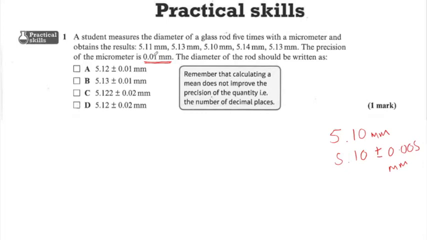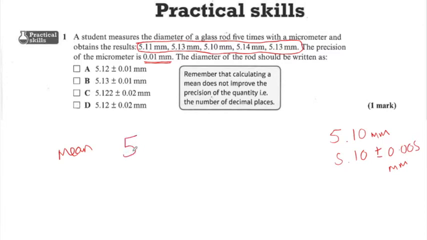Okay, but because you've got 5 readings here, you have to use a different technique. You have measured the same thing 5 times, but you're getting variation. So you work out the mean, which is going to be 5.12.